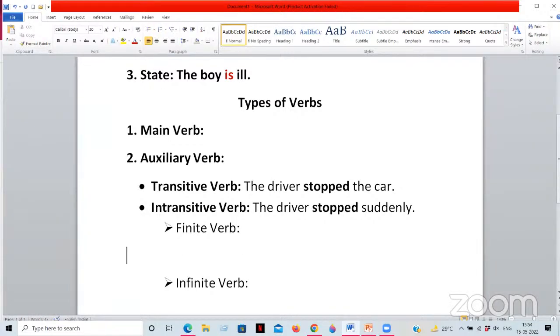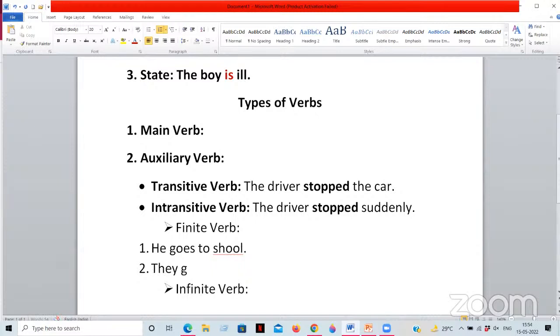See, example number 1. See here that he goes to school. Example number 2, they go to market.